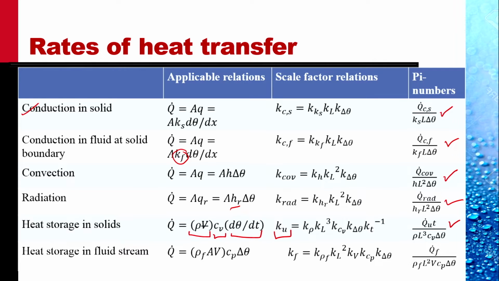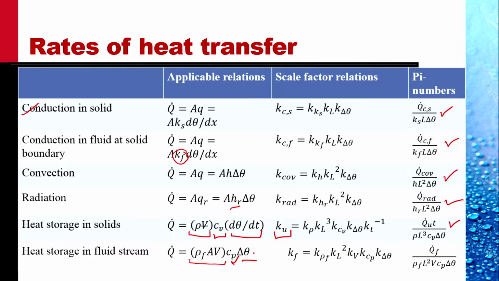Similarly, for heat storage in the fluid stream, the mass flow rate is ρ_f A V, Cp is the specific heat, and delta T is a temperature difference.